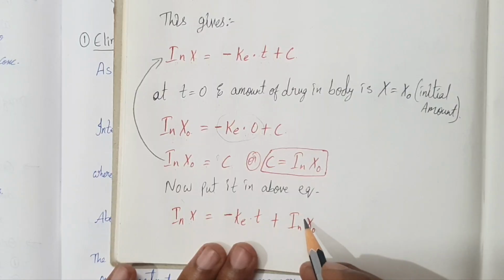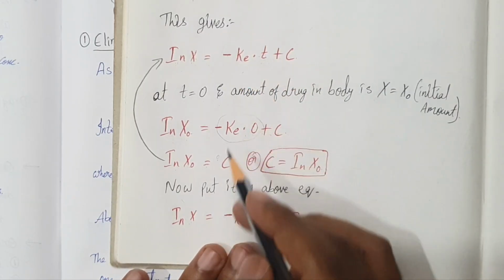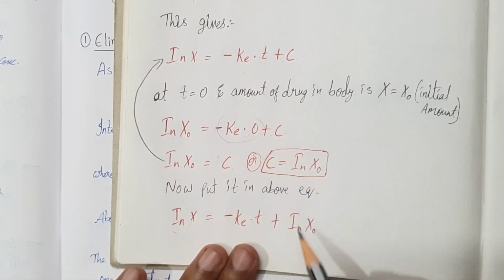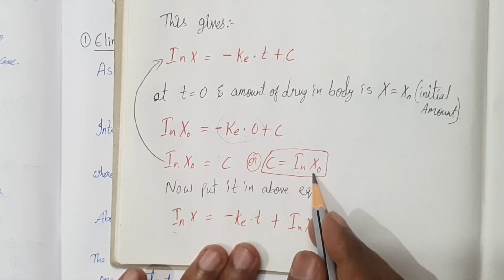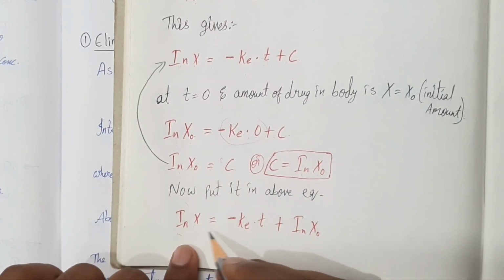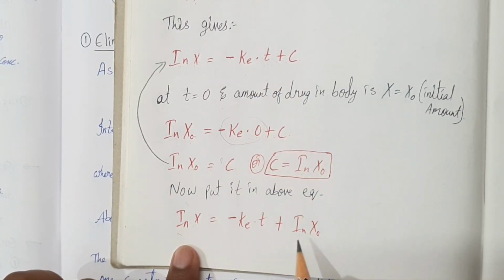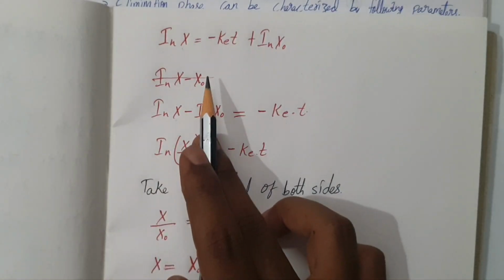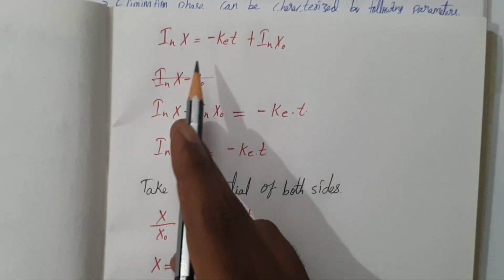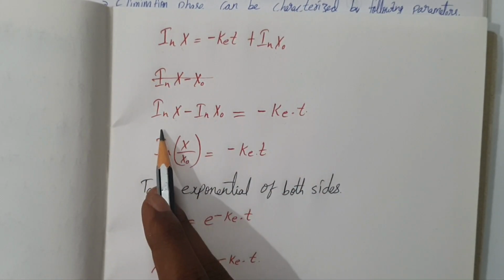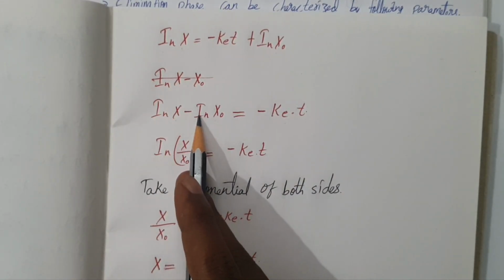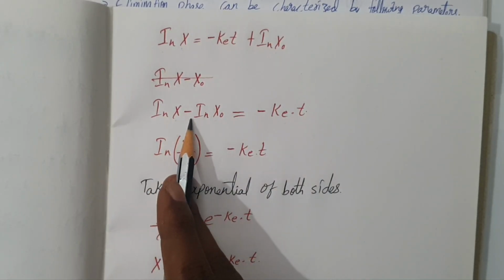Now we are putting this into this equation: ln x equals minus Ke t plus c, where c becomes ln x naught. The whole equation is the same till here, only the c we are replacing. After getting this equation, we are rearranging these terms. So ln x and ln x naught come to the same side. Here it is in plus, so it becomes a minus.